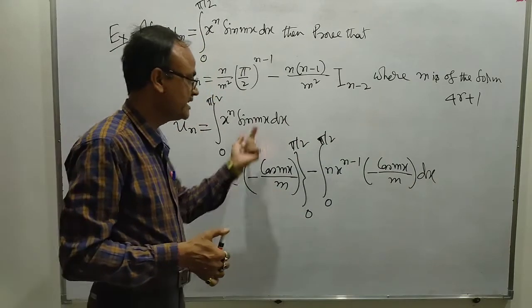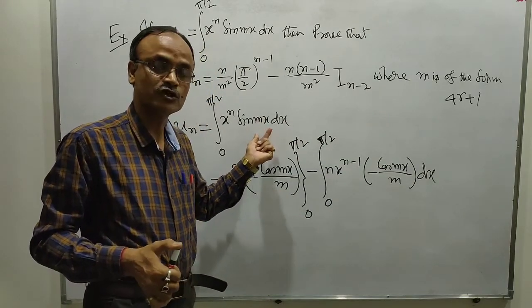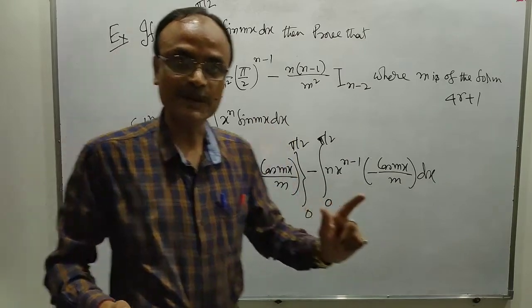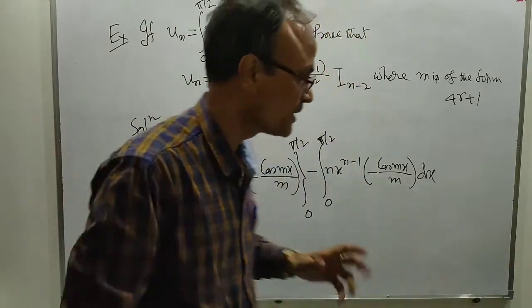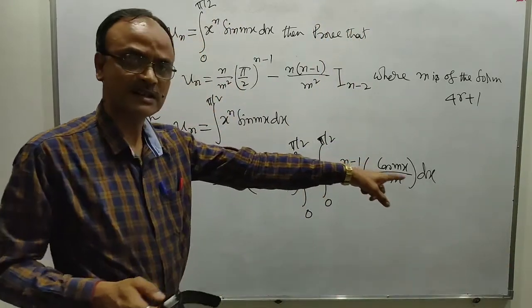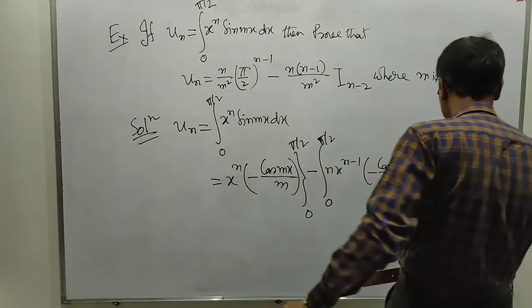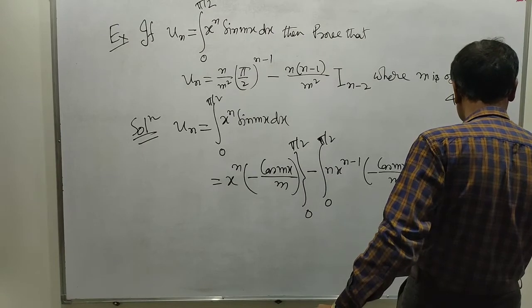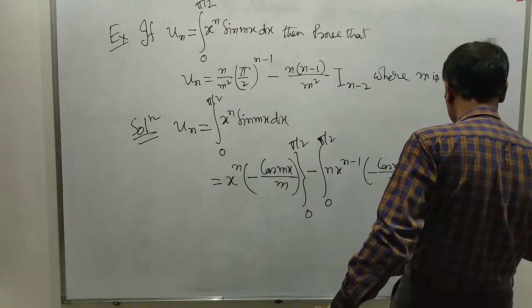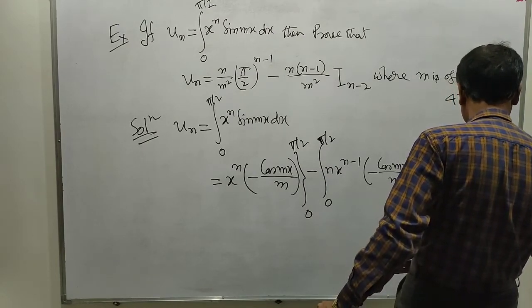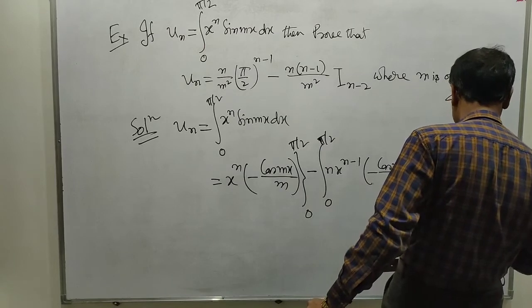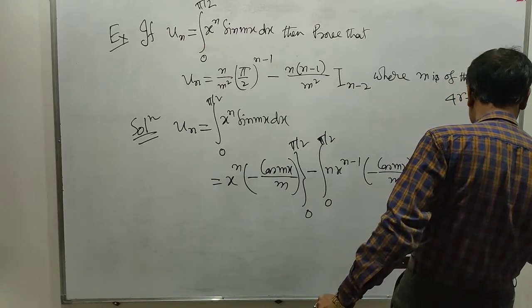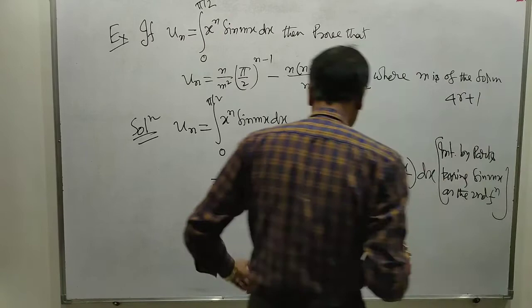We have integrated this by the method of integration by parts, taking sin mx as the second function. You will write here integrating by parts, taking sin mx as the second function.